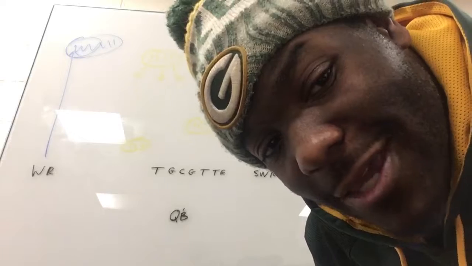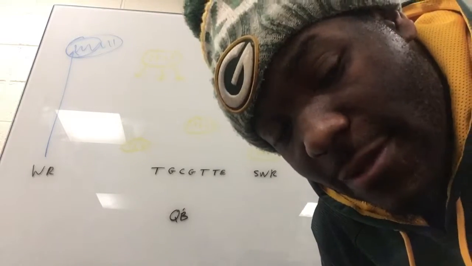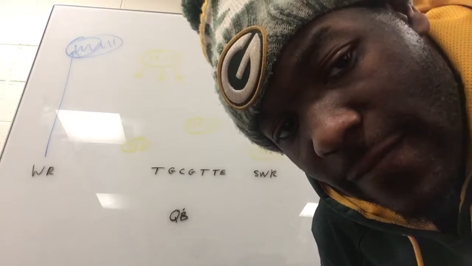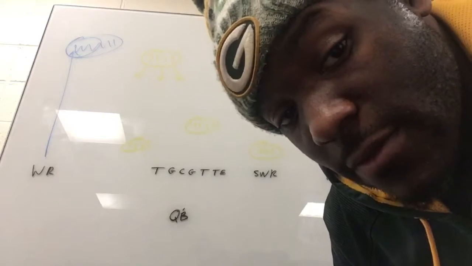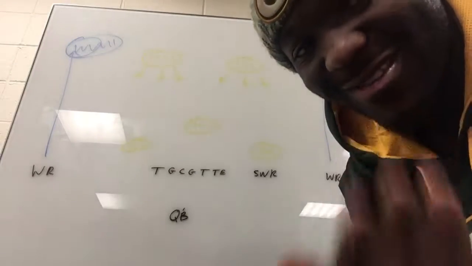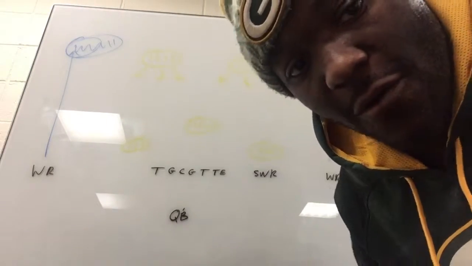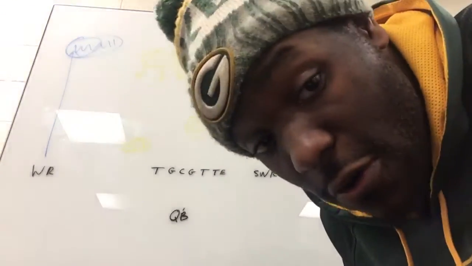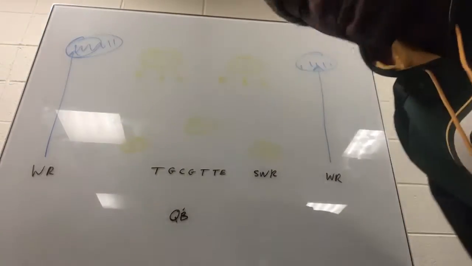Another option route. At some point, I'll get to discussing option routes because that's a very interesting topic, but not right now. So, hooks, comebacks, run correctly. I always get that pronunciation wrong. Corner, I guess you can call it, or hook, curl, and option routes.